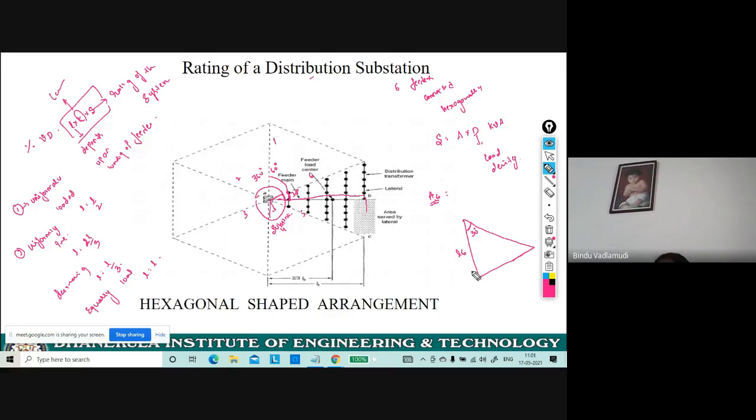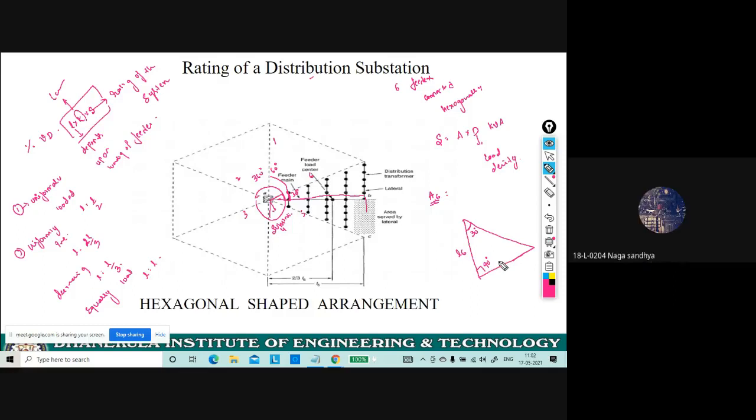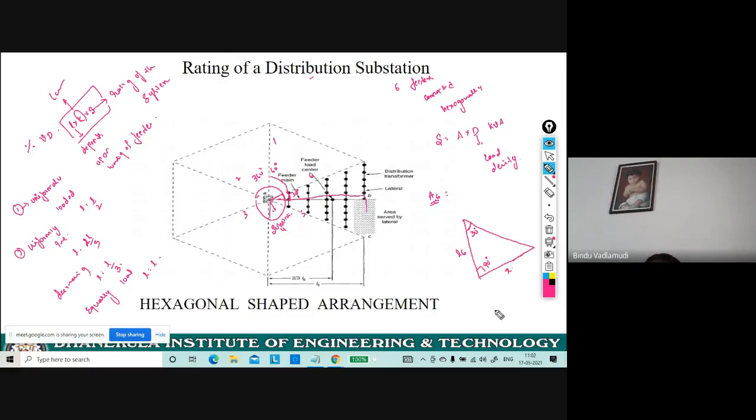So what is the length at this side? Is it L6? And here the angle is 90 degrees. So is it forming a right angle triangle or not? Yes, ma'am. So I want this value. What is the expression? Tan 30 is equal to opposite side by adjacent side, so x by L6.